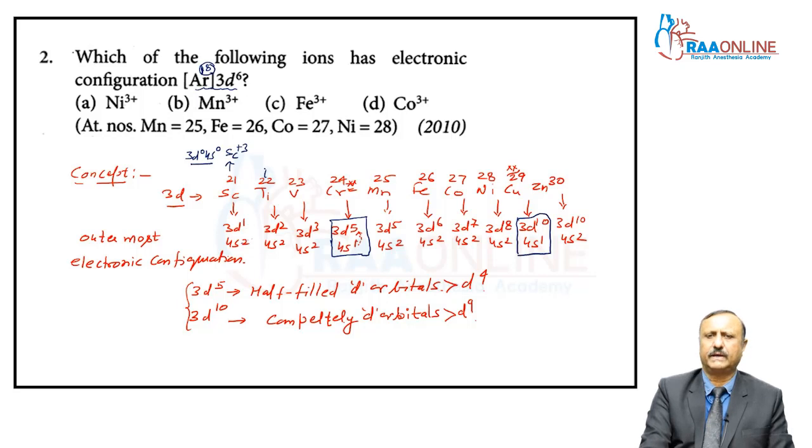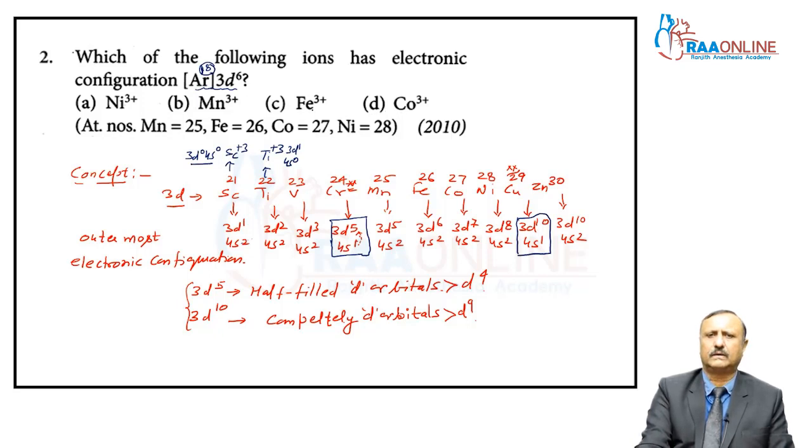In this way, when you convert into titanium +3 ion, then 2 electrons are removed from here and one electron is removed from here, then you can see the electronic configuration is 3d1 and 4s0.